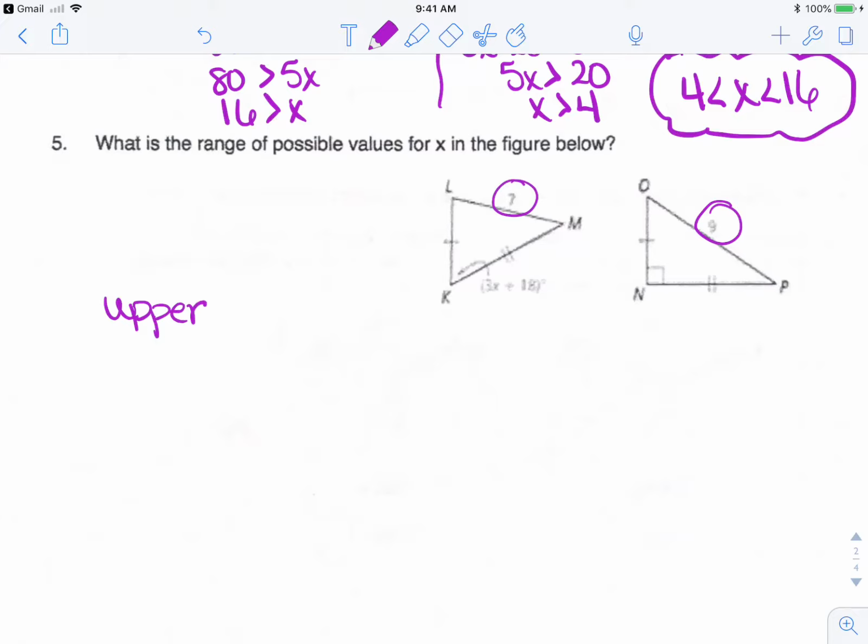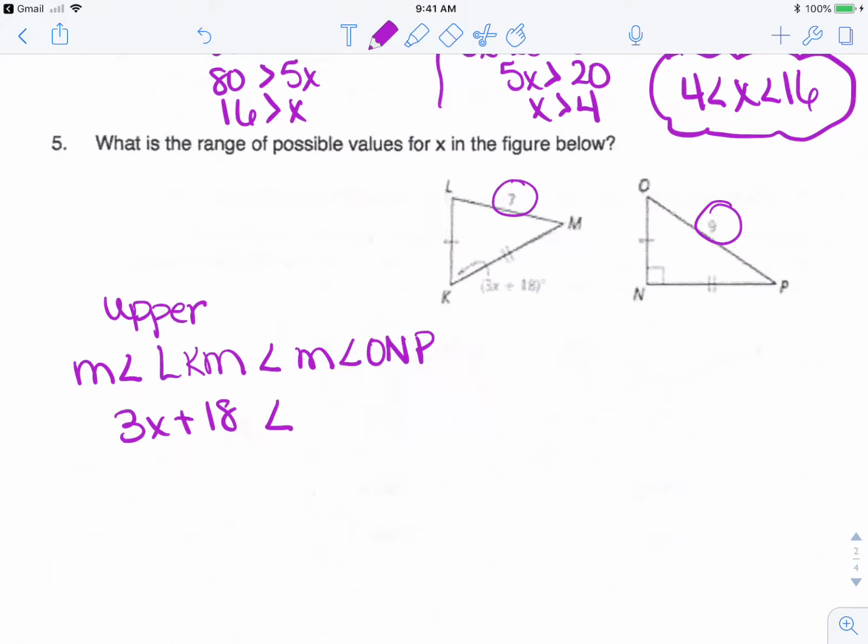So the measure of angle LKM is going to be less than the measure of angle ONP. The measure of angle LPM is 3x plus 18, which is less than the measure of angle ONP, which is 90 degrees.